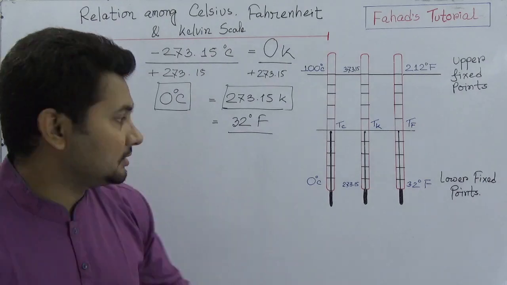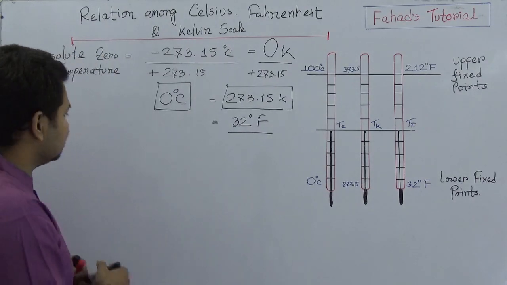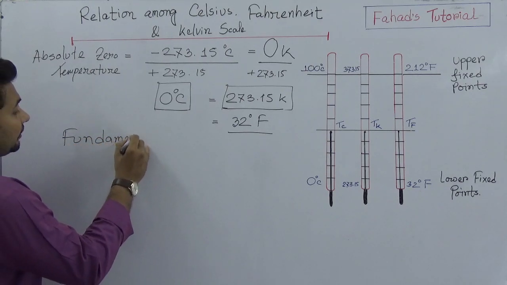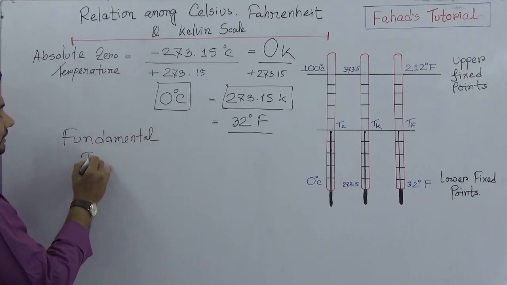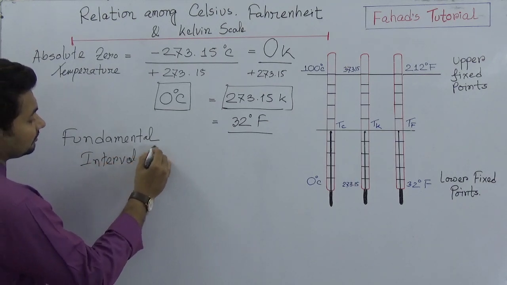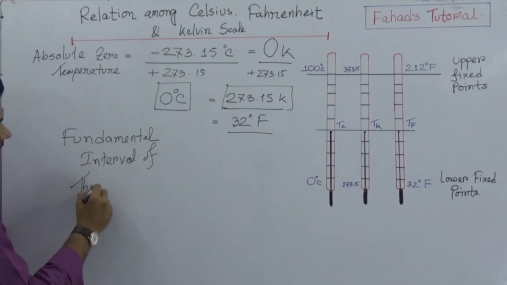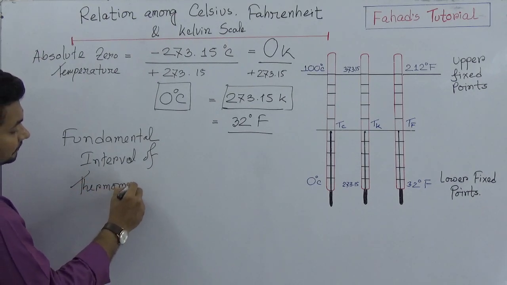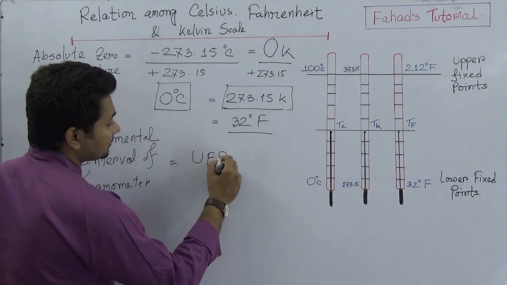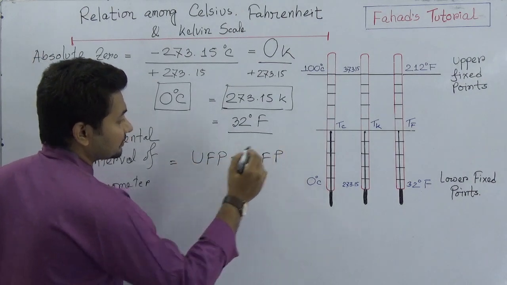And this difference is known as the fundamental interval of the thermometer. This is very important. It means the upper fixed point minus the lower fixed point.